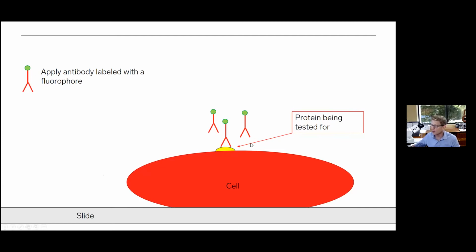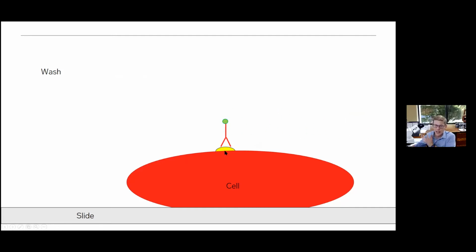So if the protein being tested for is present, when we wash the slide, the antibody will remain on the slide. And not only the antibody remains, but that fluorophore remains. That fluorophore is our signal. It emits this signal that lets us know that the protein we're testing for is present on the slide. So it gives us the ability to detect whether or not the protein of interest is there.